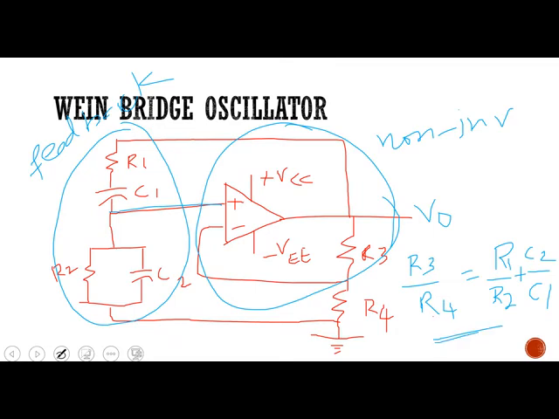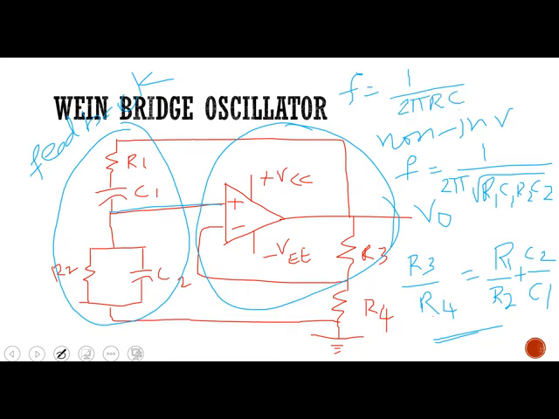So this is the equation which describes when the bridge is balanced, and the expression for frequency is given by F is equal to 1 by 2 pi, and within the root we have R1, C1, R2, C2. So if we assume R1 equal to R2, which is equal to R, and C1 equal to C2, which is equal to C, we get F is equal to 1 by 2 pi RC.